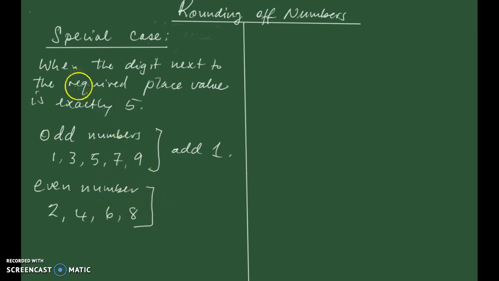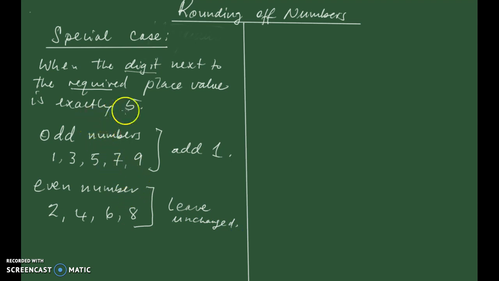I'm talking about the required digit here: we have the required digit and the number next to it. Hope you understand.